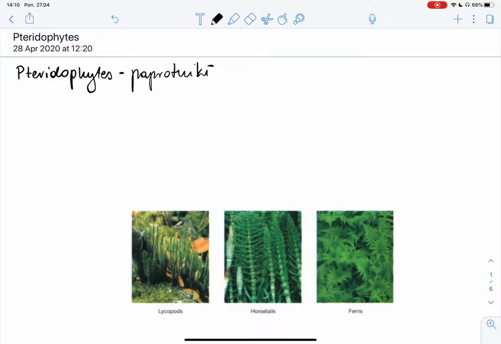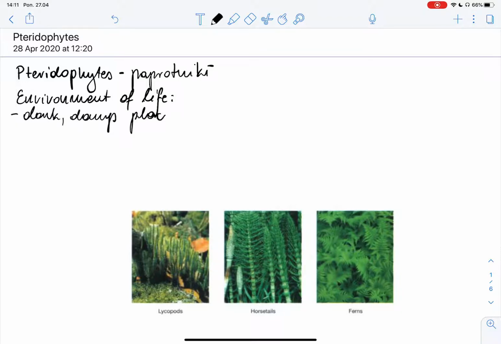Pteridophytes, similarly to mosses, can be met in dark and damp places. So environment of living: dark, damp places, such as forest floor. They also can be found on the banks of lakes and rivers.